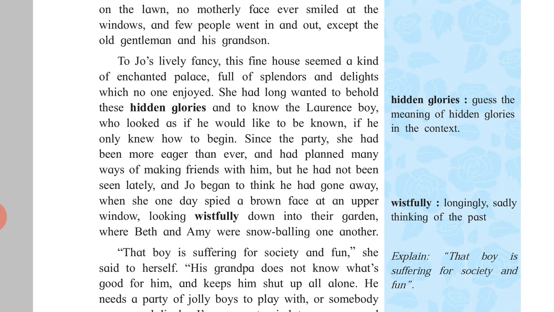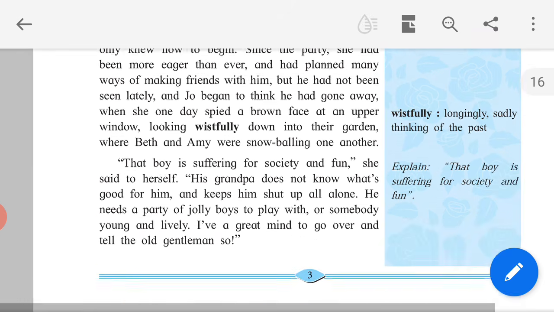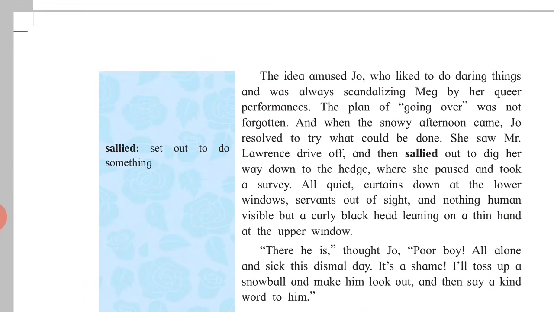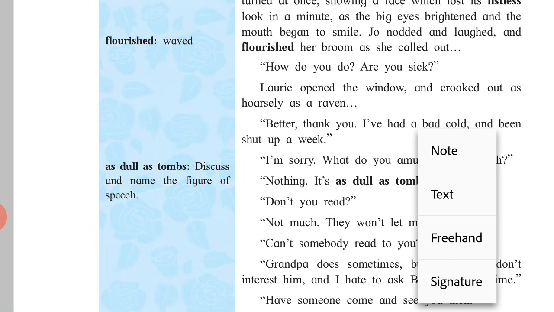Laurie stepped out momentarily to see his doctor, and while he had gone, Mr. Lawrence, Laurie's grandpa, came in and surprised Jo. Jo told him that she felt Laurie needed to spend more time around kids of his own age.